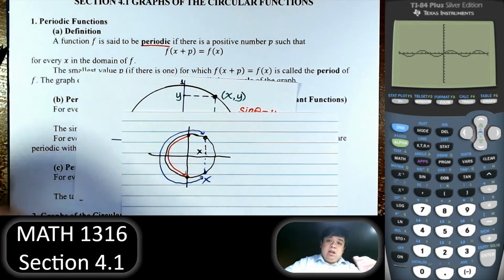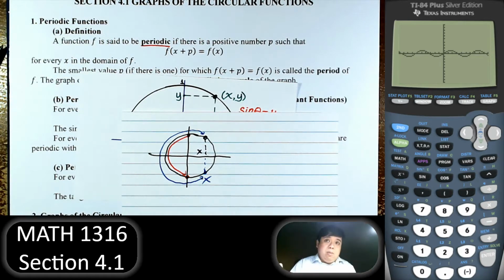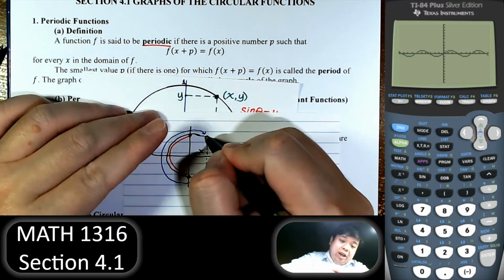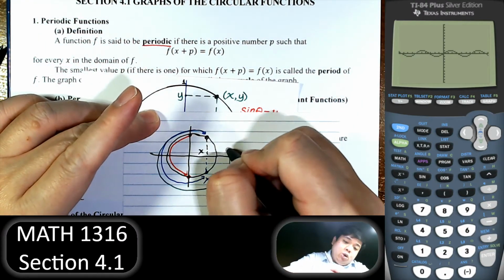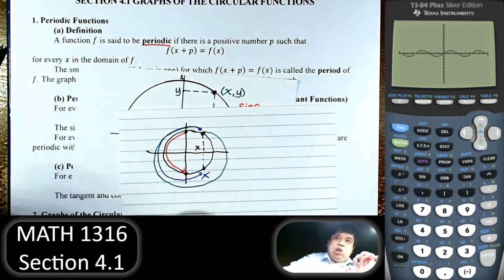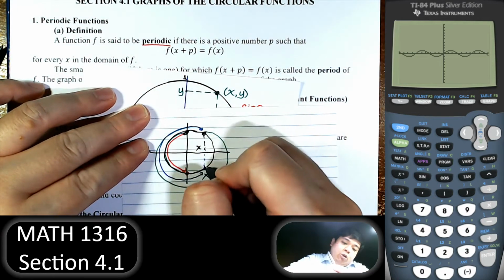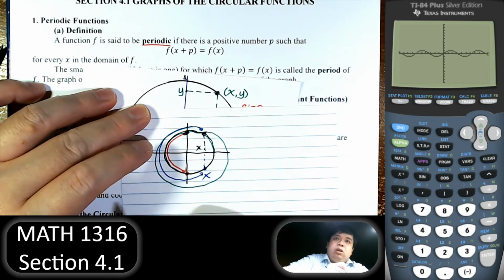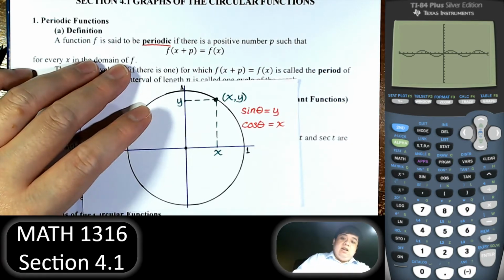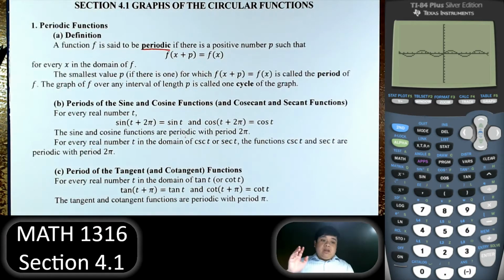A period will be the same no matter where we are on the function. So if we're here and we go one complete revolution, we get back to the same point. If we go from here one complete revolution, it gets us back to the same point. Because of that, the period of sine and cosine is 2 pi.